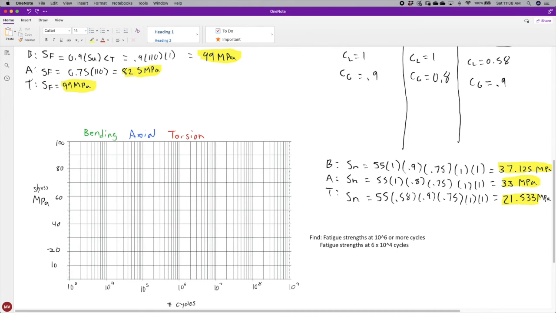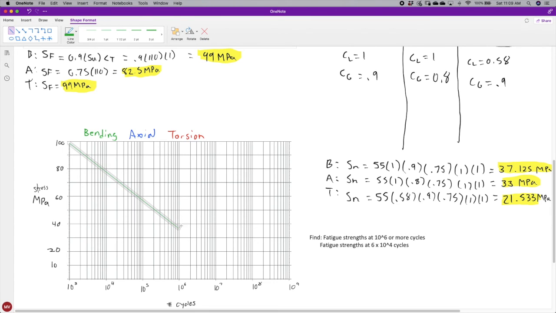The way we draw an SN curve is we start with our fatigue strength that we calculated, and we draw a straight line to our endurance limit, which is always assumed to be at 10 to the power 6 cycles. Starting with our fatigue strength, at 10 to the power 6 cycles, we'll reach our endurance limit, which in this case is 37.125, so about there.